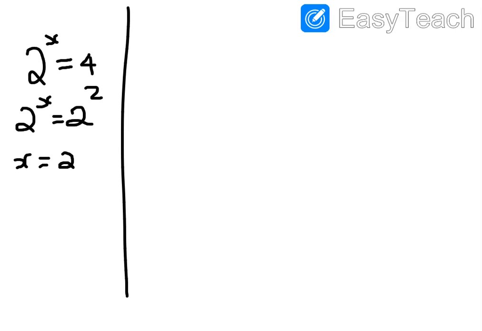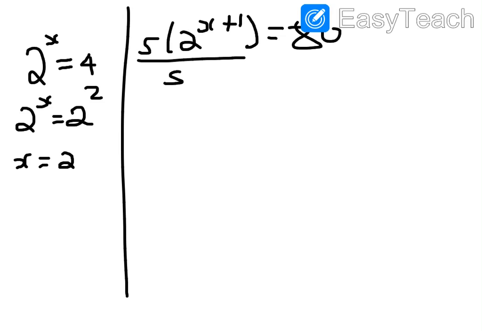Okay, now suppose that you have something of this form: 5 times 2 to the power x plus 1 equals 80. The first thing you're gonna do is to divide both sides of the equation by 5. And this 5 cancels this 5. We have 2 to the power x plus 1 equals 16.